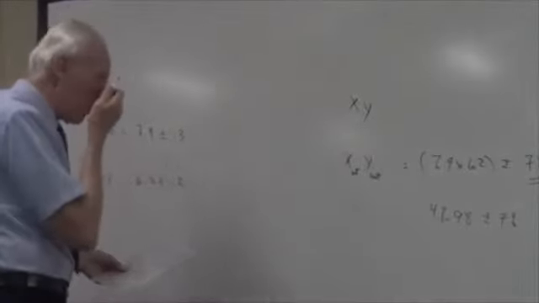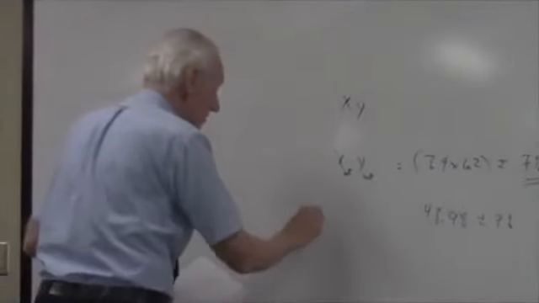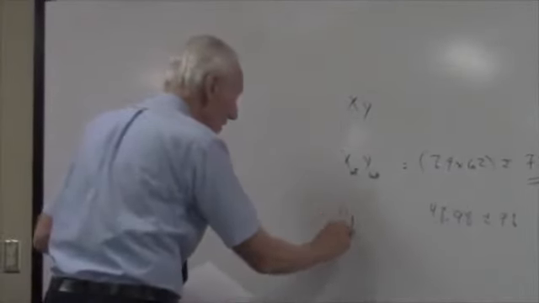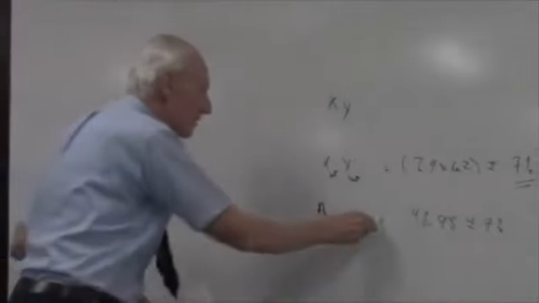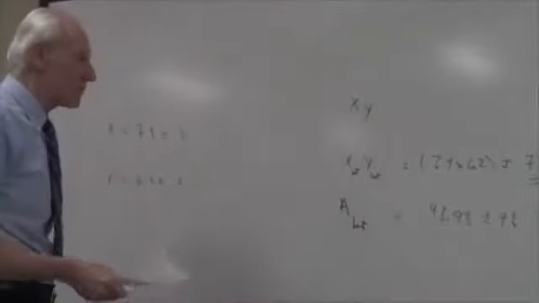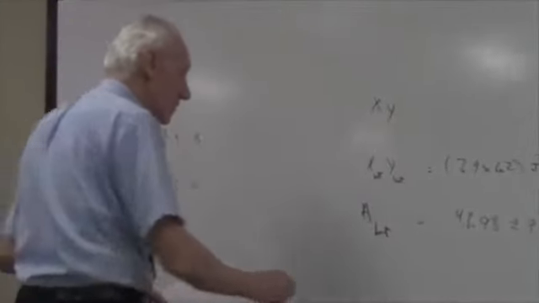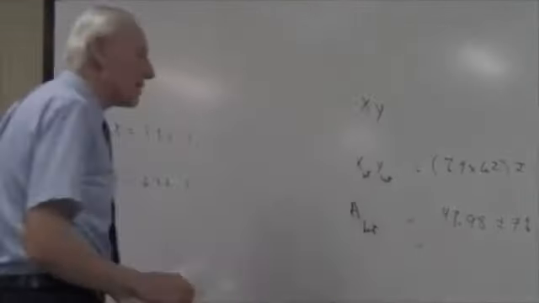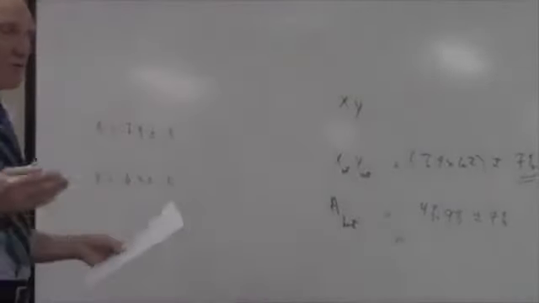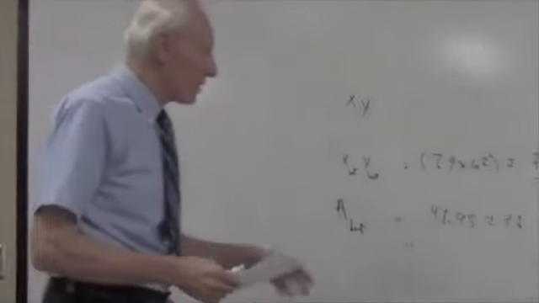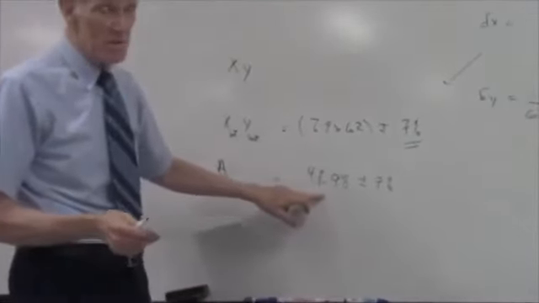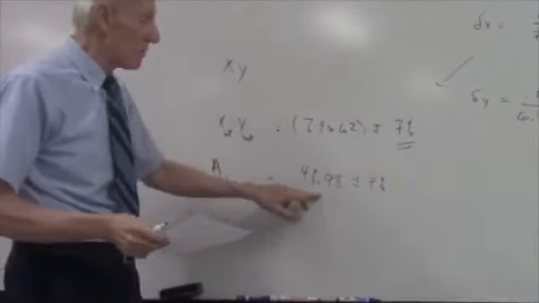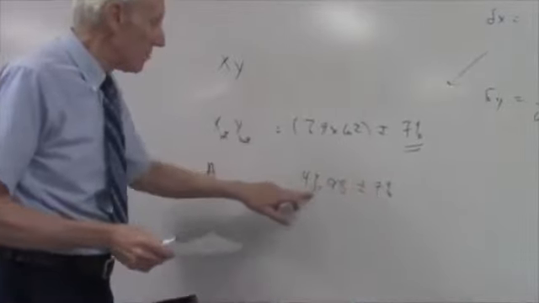So one way to report that: your best experimental area is 48.98 square units, whatever those are, plus or minus 7%. Or if you want to write those again in absolute terms, in terms of square centimeters, square meters, square inches, square miles, whatever it is, you want to take 7% of this number.